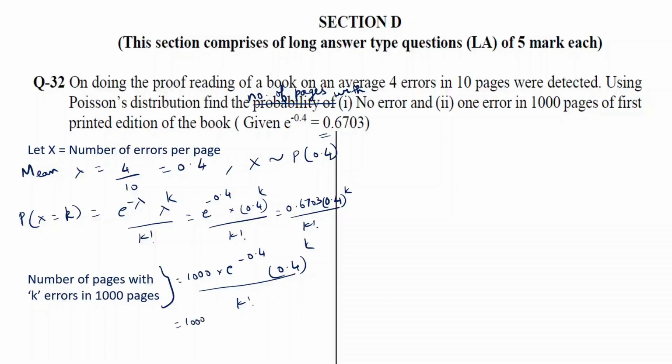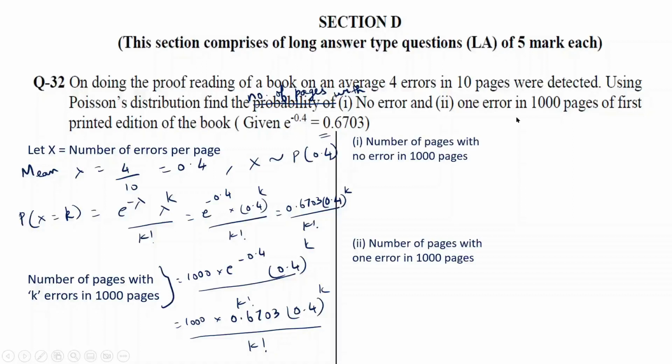So this is 1000 into 0.6703 into 0.4 whole raised to k upon k factorial. So now we have a relation for the number of pages with k errors in 1000 pages.